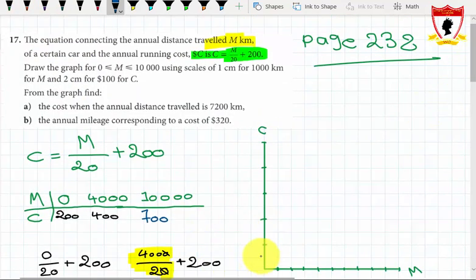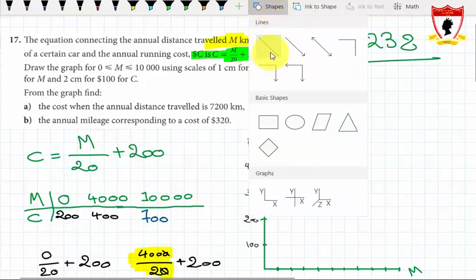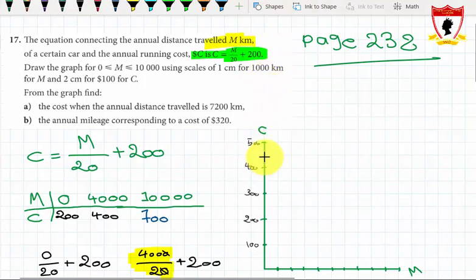Our vertical axis, which stands for C, goes up to 500 because the first 2 centimeters is $100, then 200, 300, 400, 500. To get 700, we need to go 4 more squares. So let's just simply extend the line we have up to here.